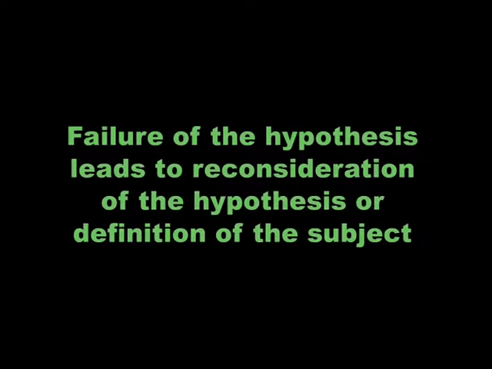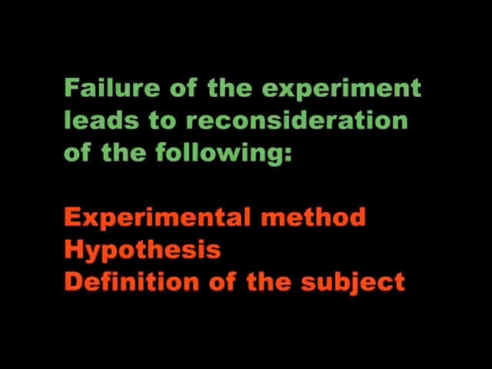Failure of a hypothesis to produce interesting and testable predictions may lead to reconsideration of the hypothesis or of the definition of the subject. Failure of the experiment to produce interesting results may lead the scientist to reconsidering the experimental method, the hypothesis, or the definition of the subject.